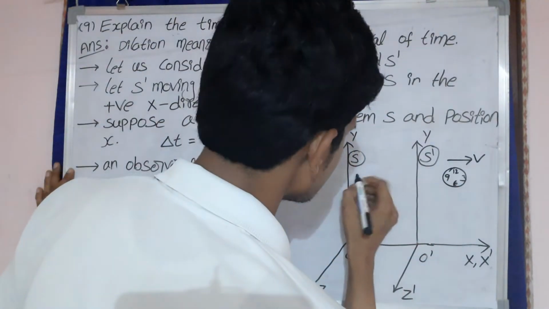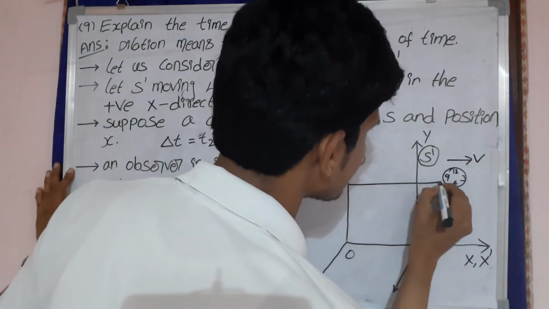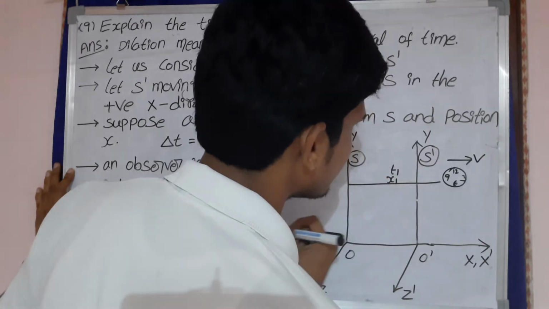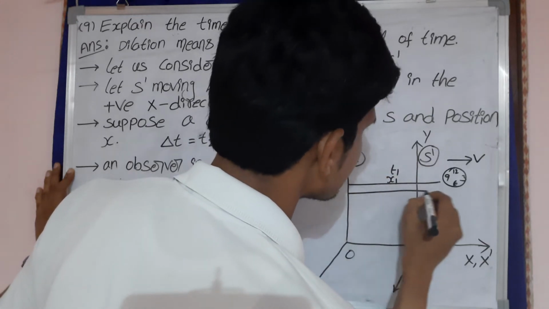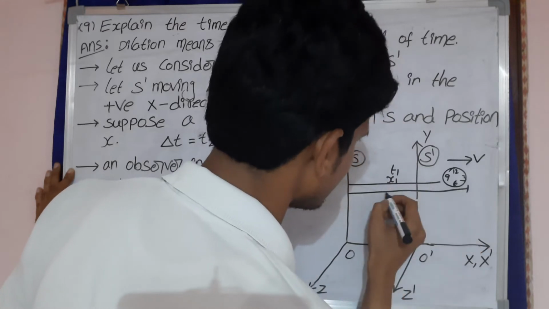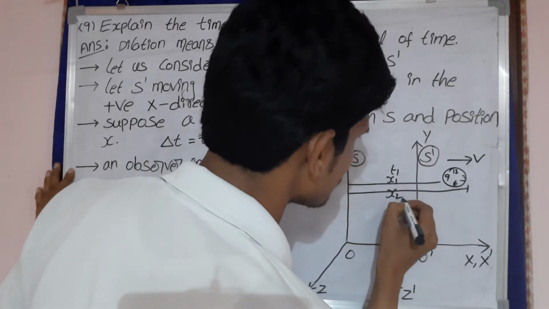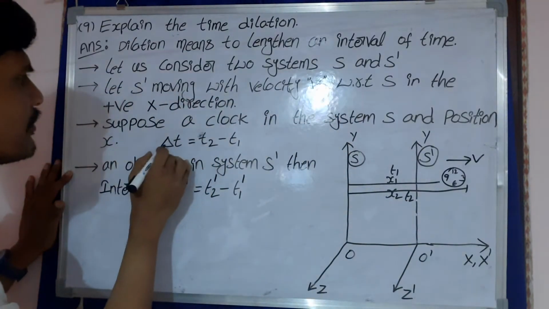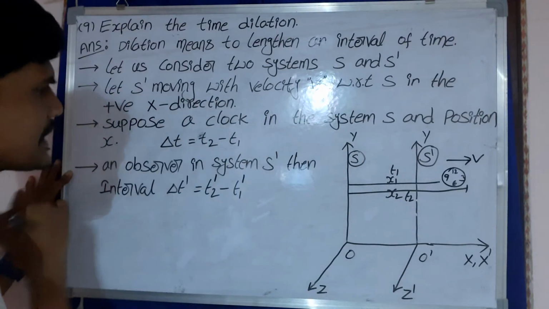This is the first end point, distance x1, at time t1, and this is the second end point, distance x2, at time t2. So the interval of time delta t equals t2 minus t1.